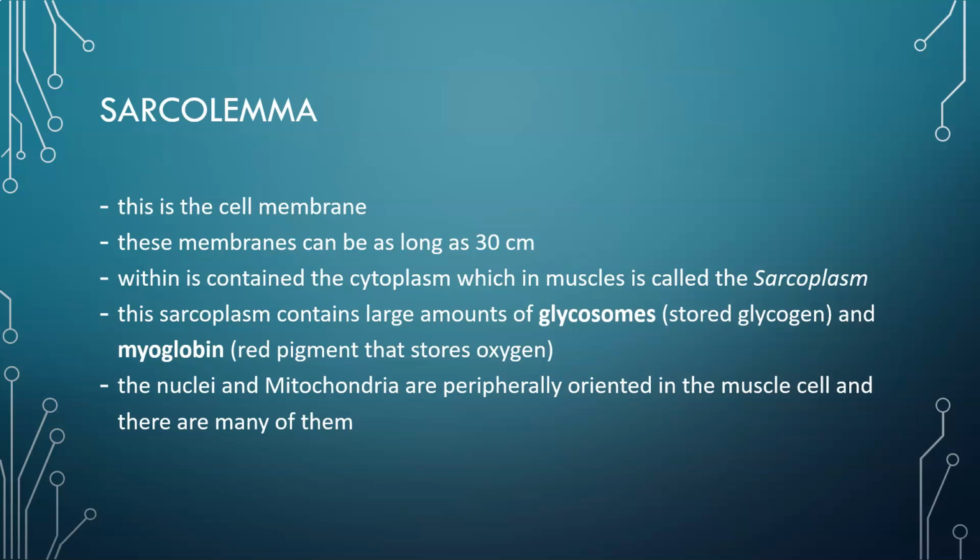So we have the sarcolemma that's the membrane, and then within the sarcolemma we have the cytoplasmic material and so forth. Within muscle cells, this is known as the sarcoplasm. So the sarcolemma is a cell membrane, and the cytoplasm is called the sarcoplasm when we look at muscle cells. Within that sarcoplasm, you have large amounts of glycosomes, which are stored glycogen.